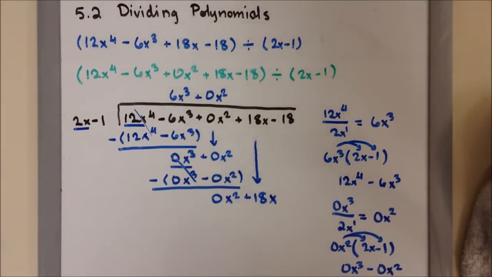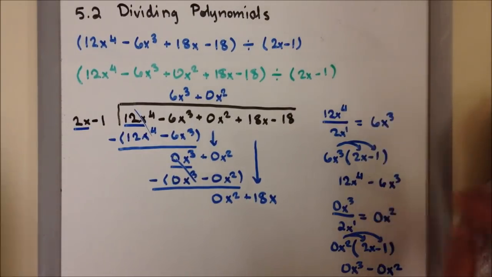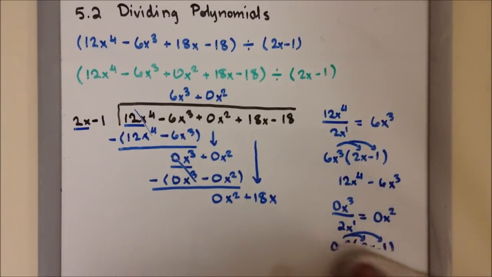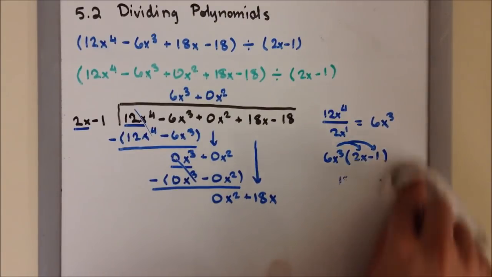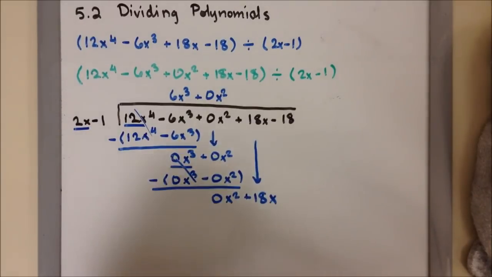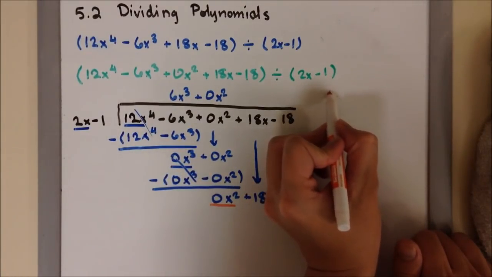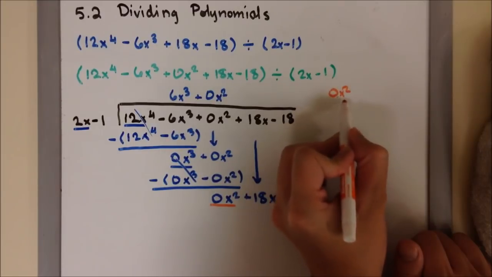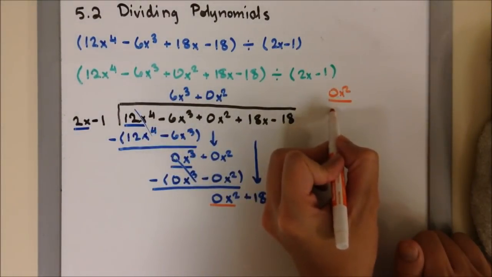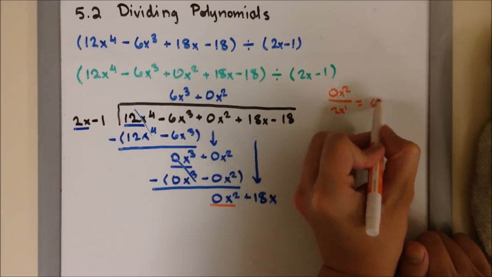Alright. I'm going to repeat the whole process again, so I'm going to erase to make more room. Now, this one is similar to the last one, so we're going to do 0x squared divided by 2x to the 1 power. 0 divided by 2 will be 0.